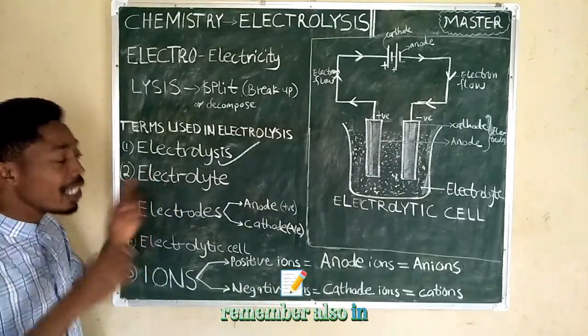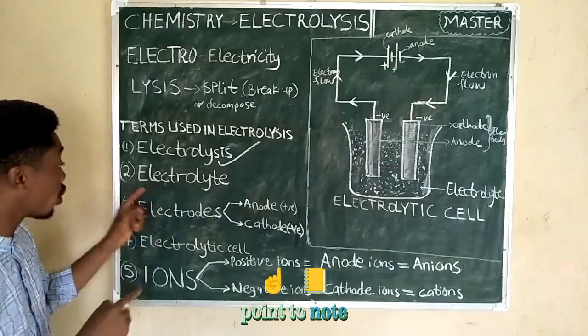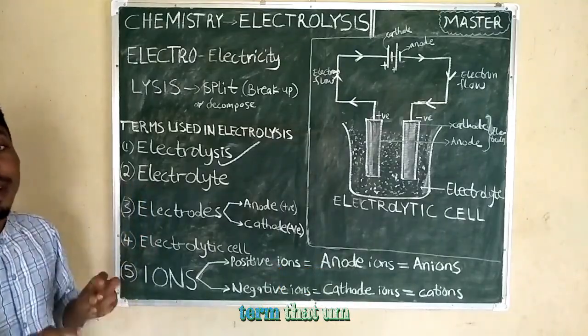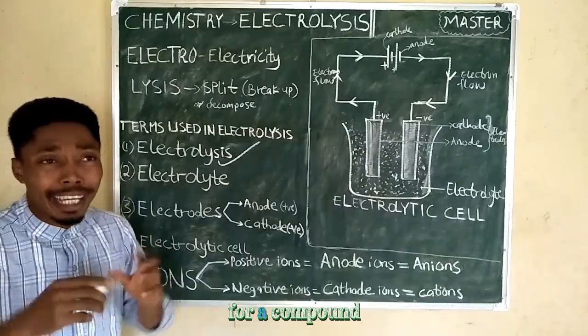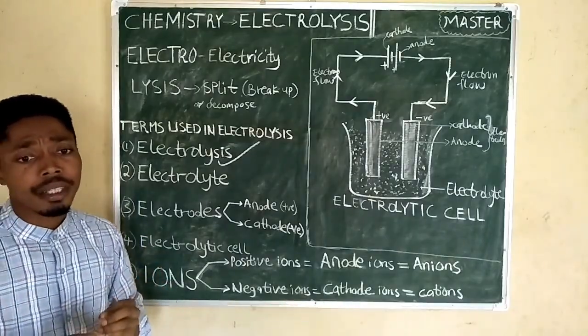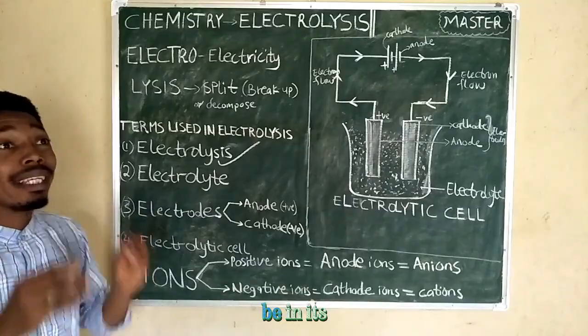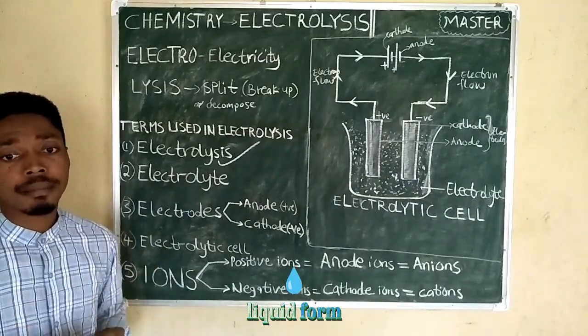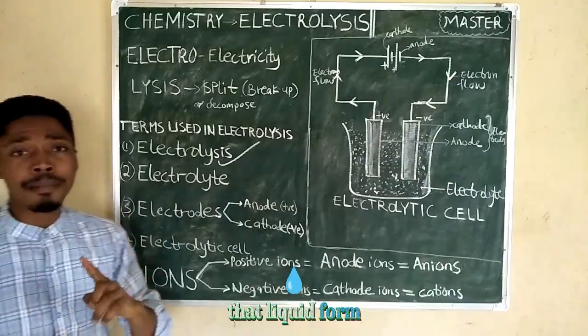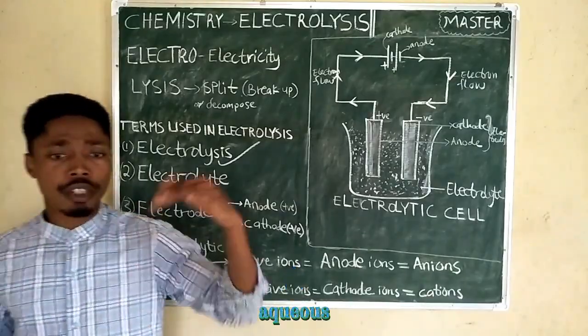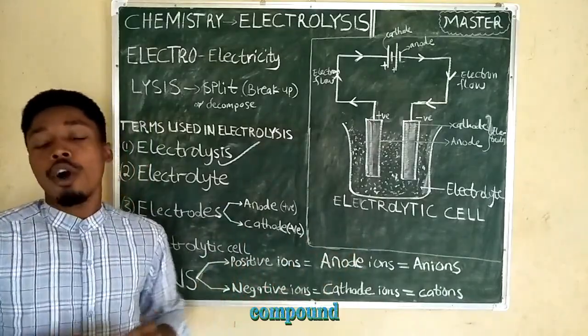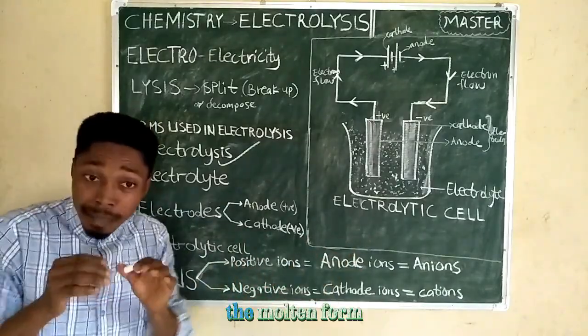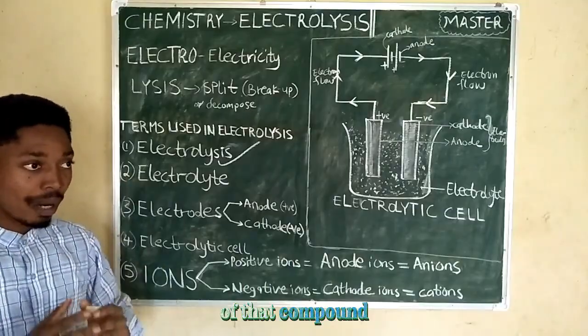Remember also, it is a point to note under the second term that for a compound to behave as an electrolyte, that compound must be in its liquid form. That liquid form can be an aqueous solution of that compound, or it can be the molten form of that compound.